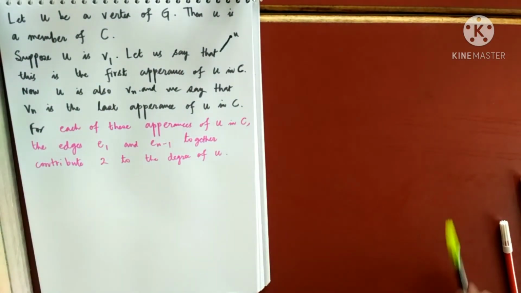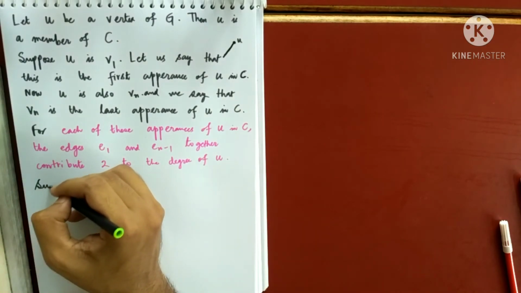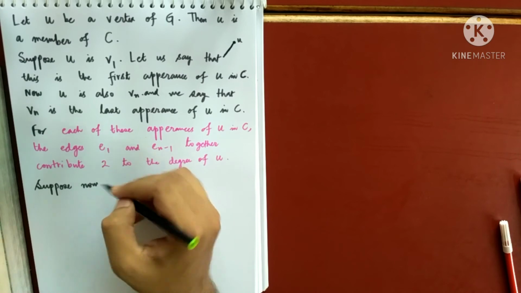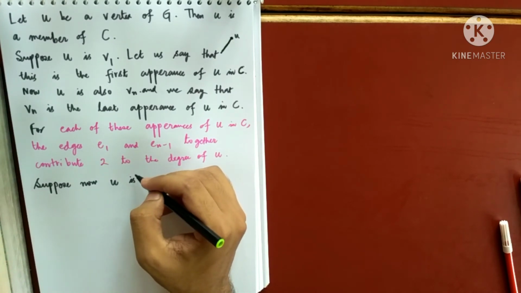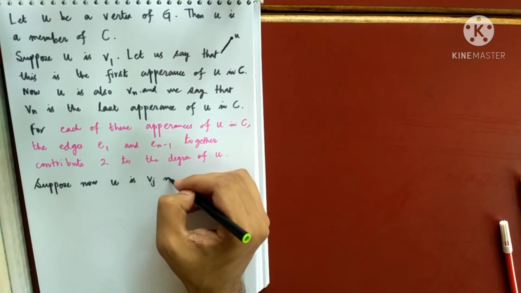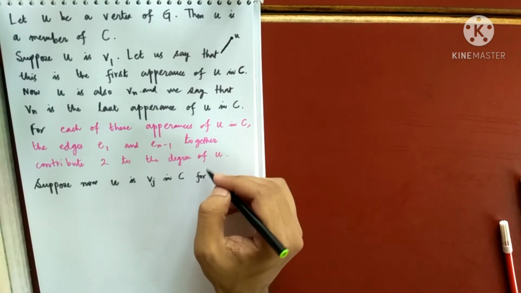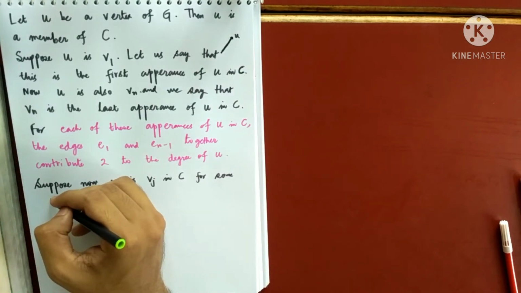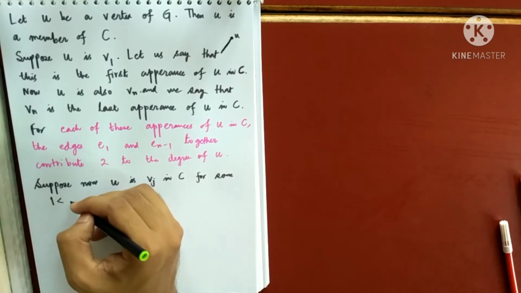So let's see what happens. Suppose now u is vj in C, for some 1 less than j less than n.